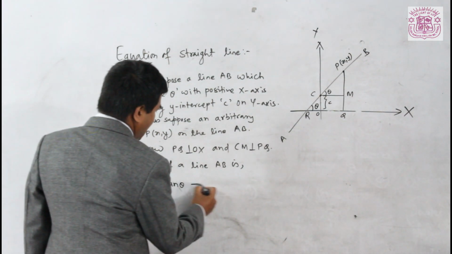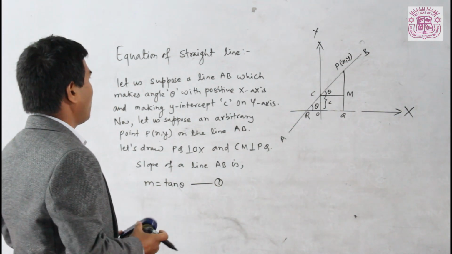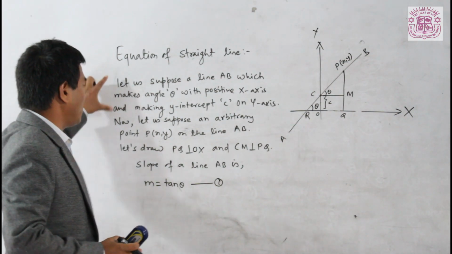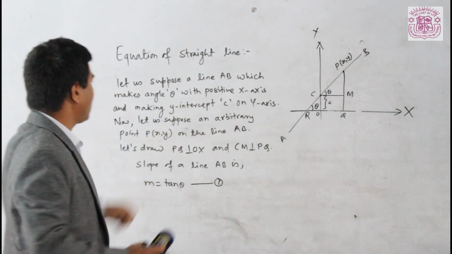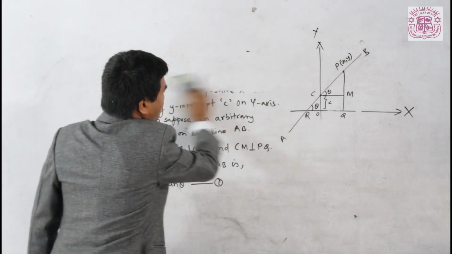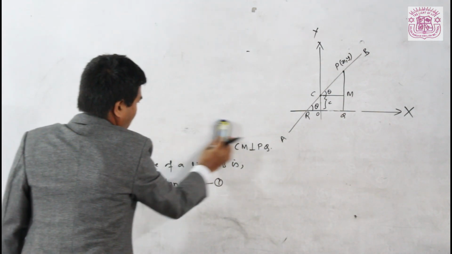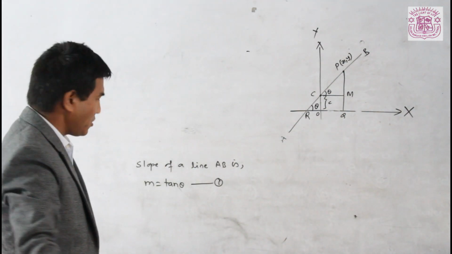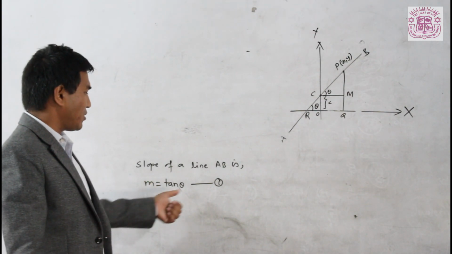Now you can suppose this as equation 1. Okay, I am going to rub it because I need to write more things. So here we have found the slope of the line, m equals tan theta.